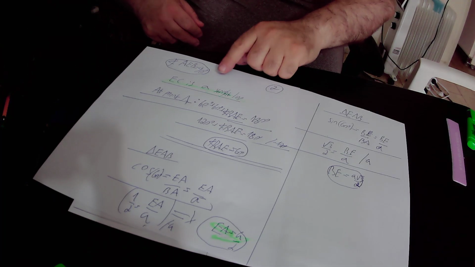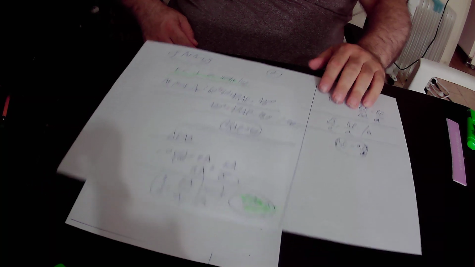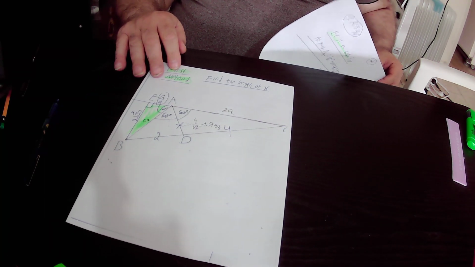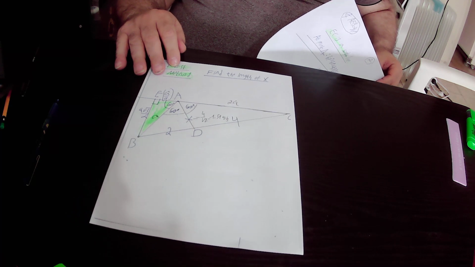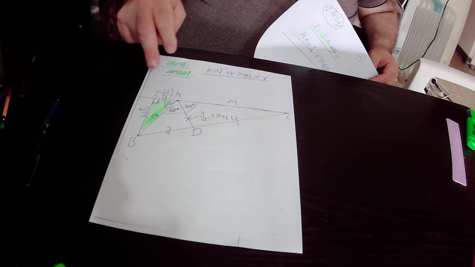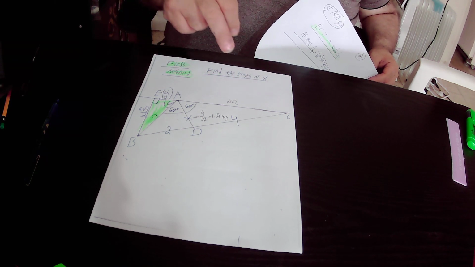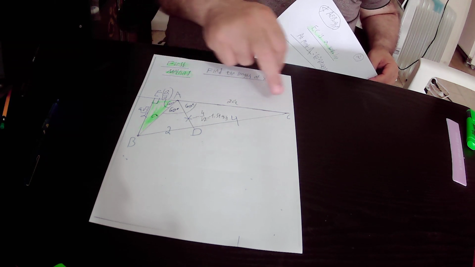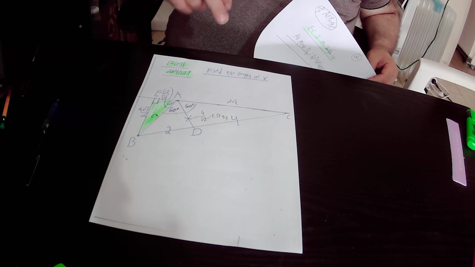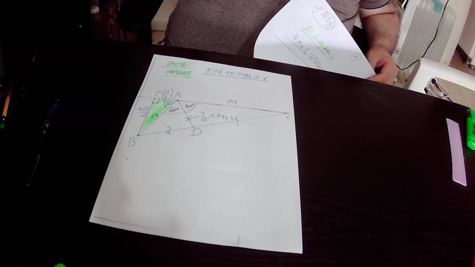So you can write here that EC is a straight line, and we have the rule that the sum of the angles on one side of a straight line is equal to 180 degrees. So if we focus on the lower side of the straight line EC at point A, then the sum of the angles here must be equal to 180 degrees according to the rule that I mentioned.